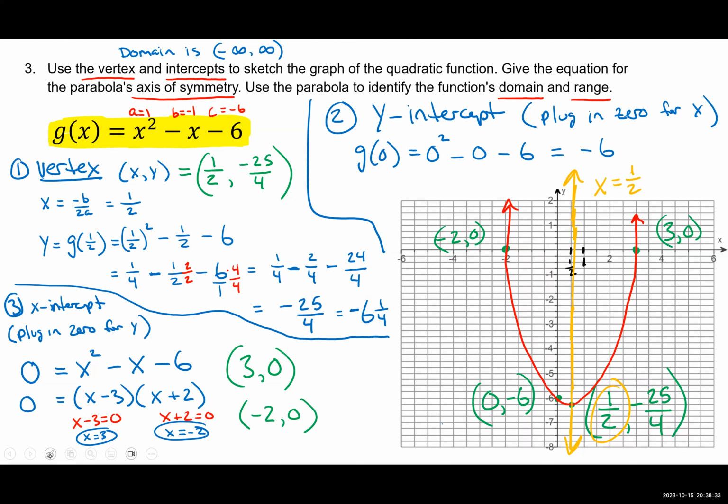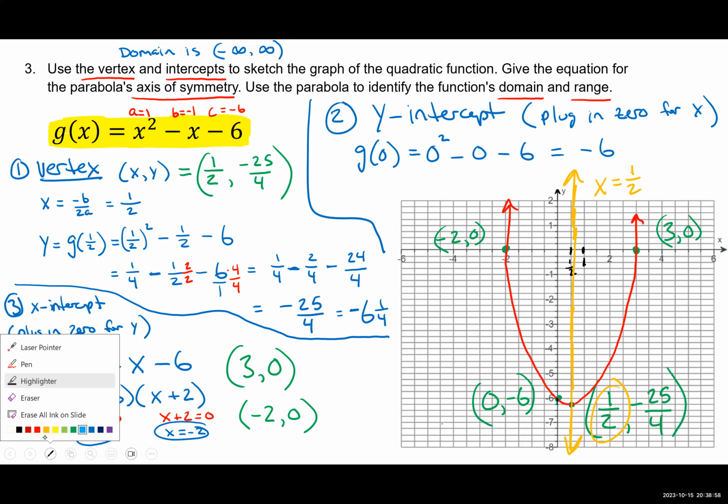The range, on the other hand, I'm going to use a highlighter. Let's go with a blue highlighter. The range is all the y values associated with this function. Oh, I didn't want to do that. That's a little bit dark.